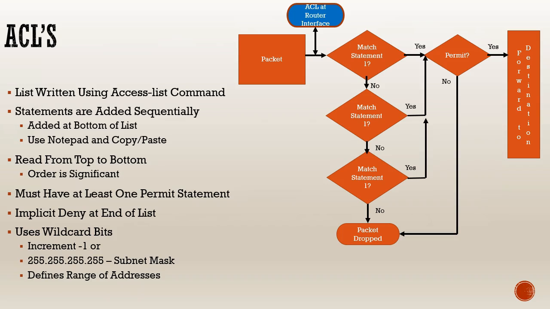So access control lists at the router interface, we have the packet coming in here at the router interface. Does it match statement 1? No. Goes to statement 2? No. Goes to statement 3. If we get down here and it's no, the packet's dropped. This is our implicit deny.